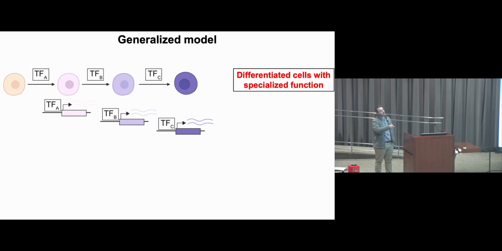At the end of the day, you get differentiated cells with specialized functions. In skin, you have melanocytes, with a specialized function to produce melanosomes, which make melanin, which gives skin pigment and protects you from UV damage. In erythrocytes, or red blood cells, you eventually eject the nucleus. You lose the nucleus, you lose the mitochondria, and you're just a bag of floating heme that has to survive for 100 days in the human body. So you get very specialized functions.